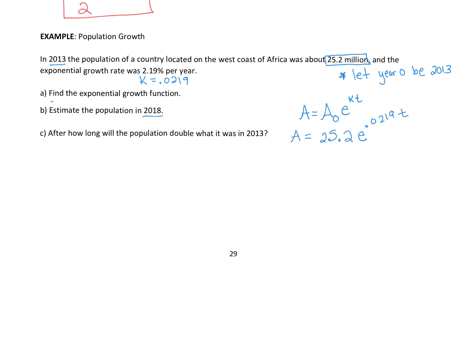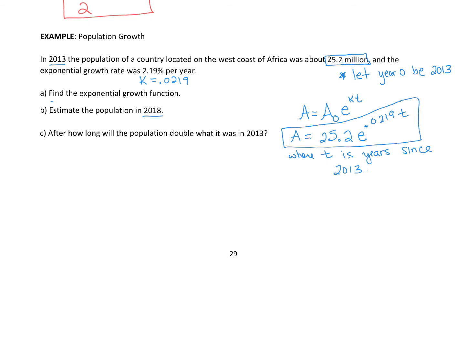And we have our model. A equals 25.2 e to the 0.0219t, where t is the years since 2013. So this is our model.